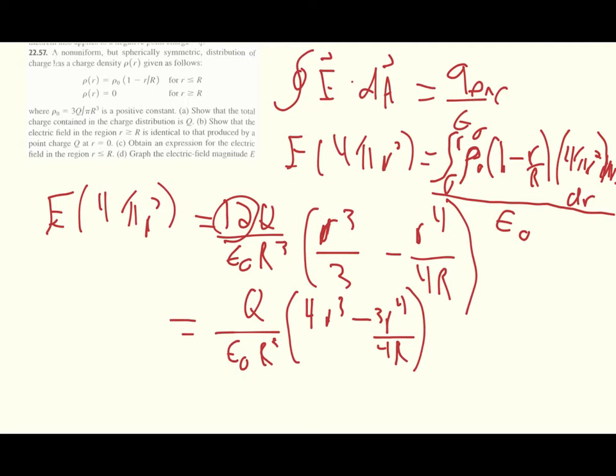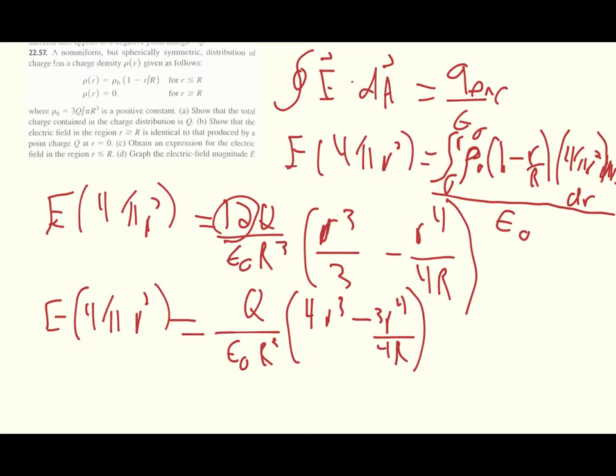That is E times 4 pi r squared. I'm going to divide out an r squared from every term, and I'm going to divide the 4 pi to the bottom also.